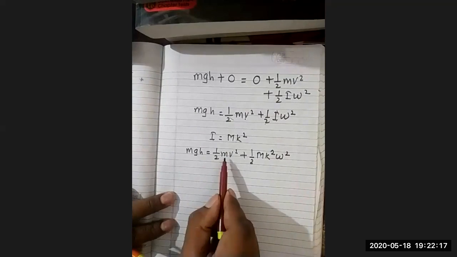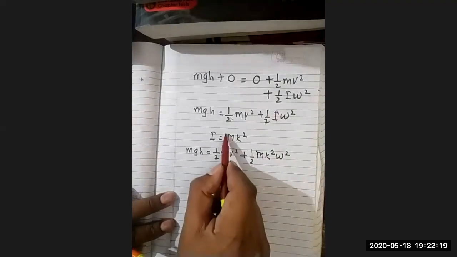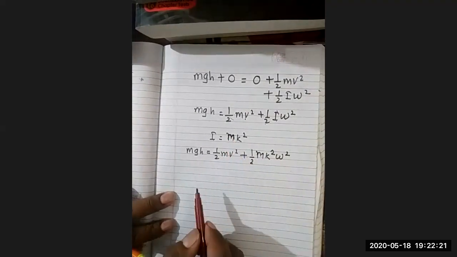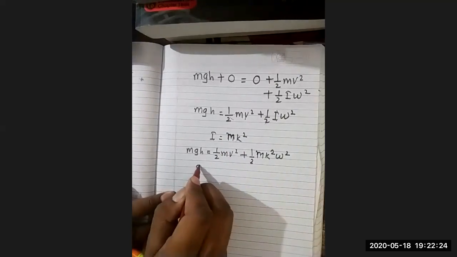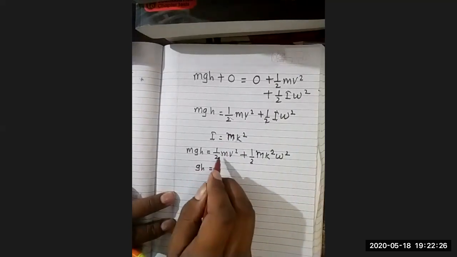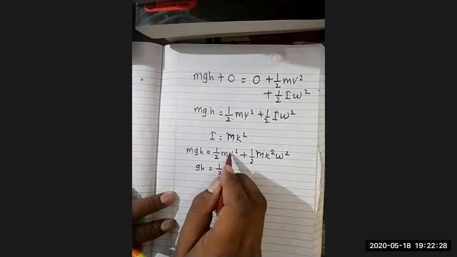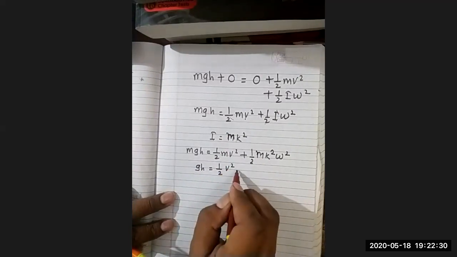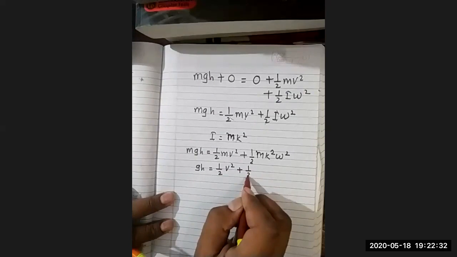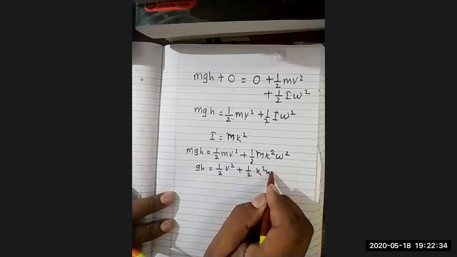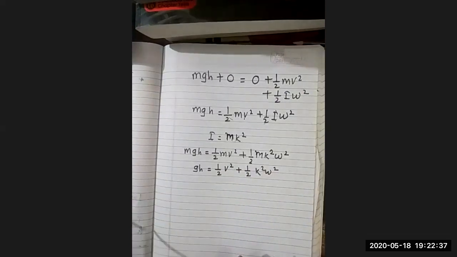This m and this m, the masses, will get cancelled. So what will remain? gh is equal to 1/2 v² plus 1/2 k² omega squared.